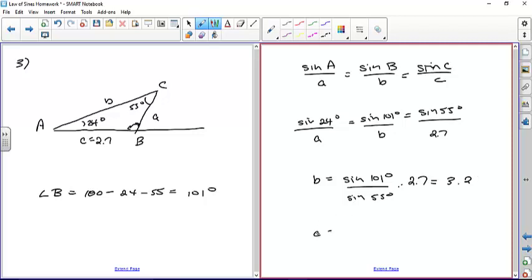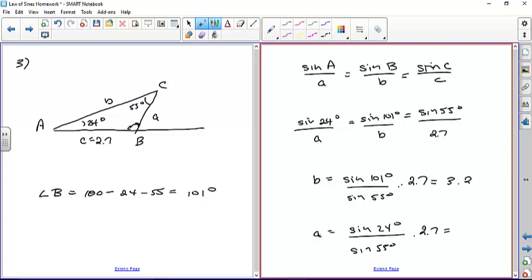And then here to find side A, we'll set these two equal to each other and solve for A. Same kind of thing. We're going to keep the sine of 24 degrees here. That'll come down. We'll divide by the sine of 55 degrees, and we'll multiply by 2.7 again.